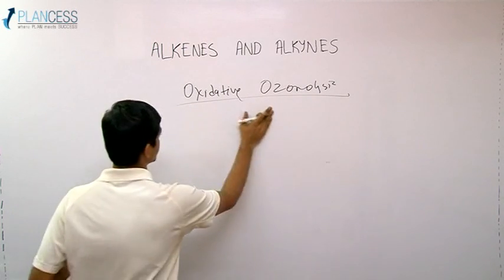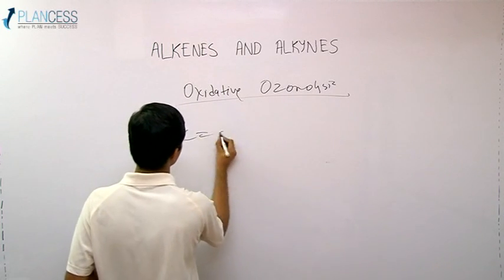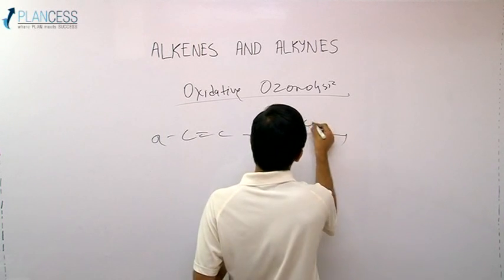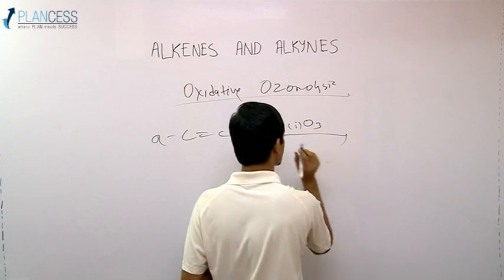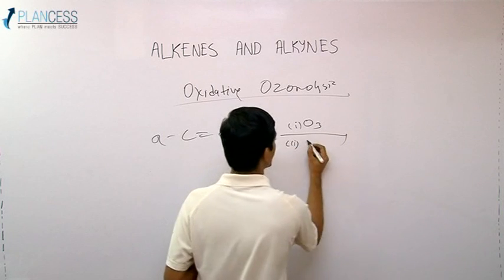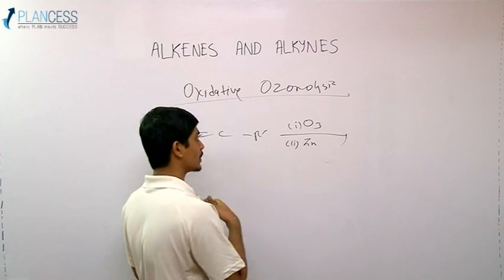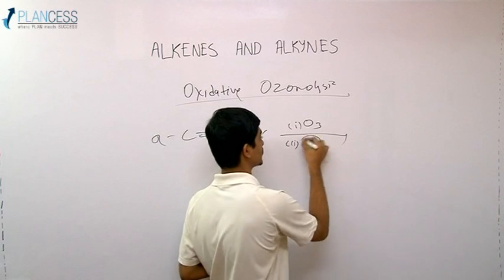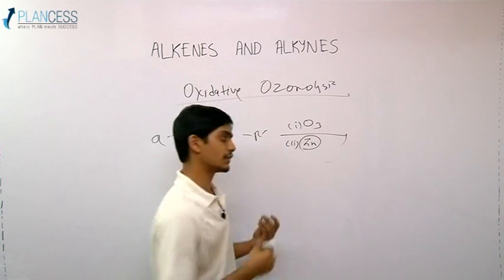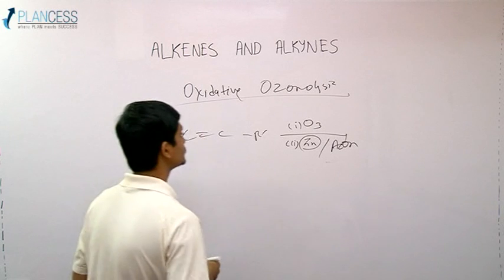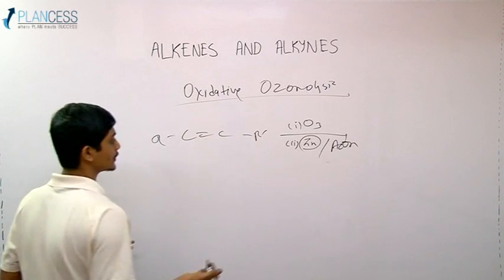If you remember what ozonolysis is, then if we take some alkene R-R, the first reagent is O3, ozone, and the second reagent we had was Zn. But now in this oxidative case we don't have this Zn. If we had Zn and take, suppose, acetic acid or something, then we get different ozonolysis products.